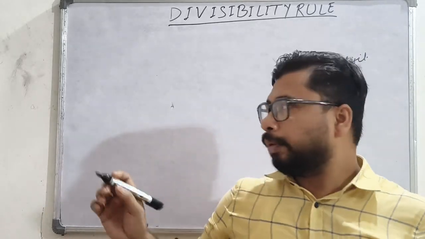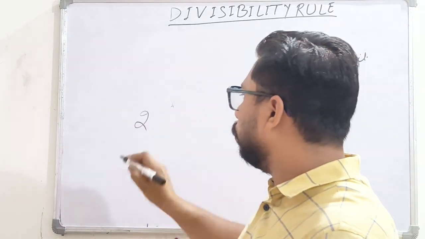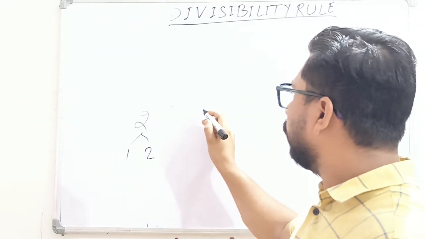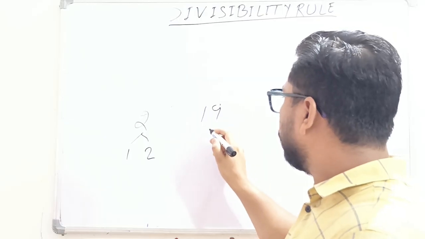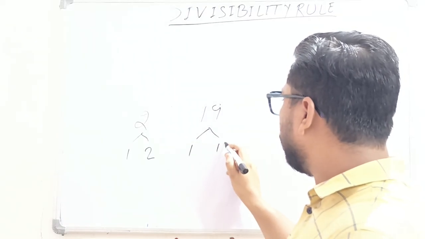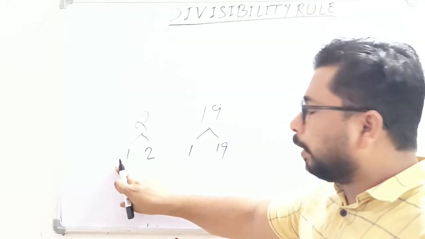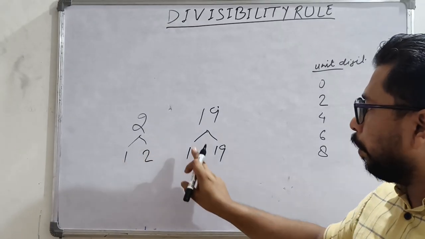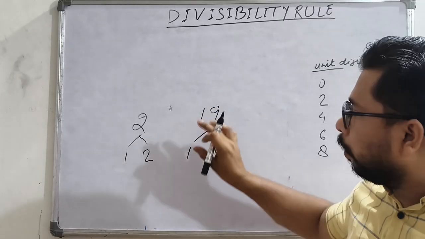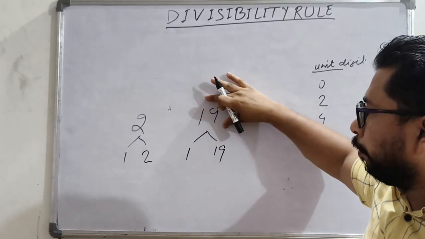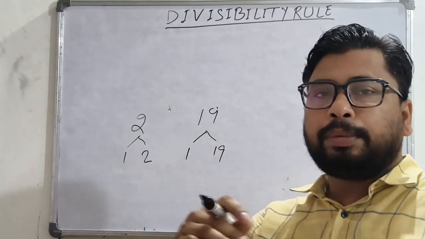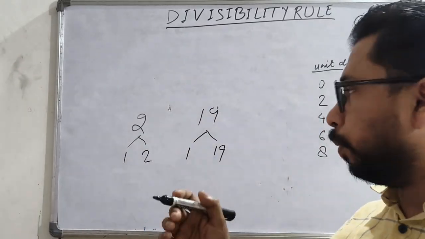For example, 2 has factors 1 and 2 only. 19 has factors 1 and 19. 1 is a factor of all numbers. A composite number has more than two factors.